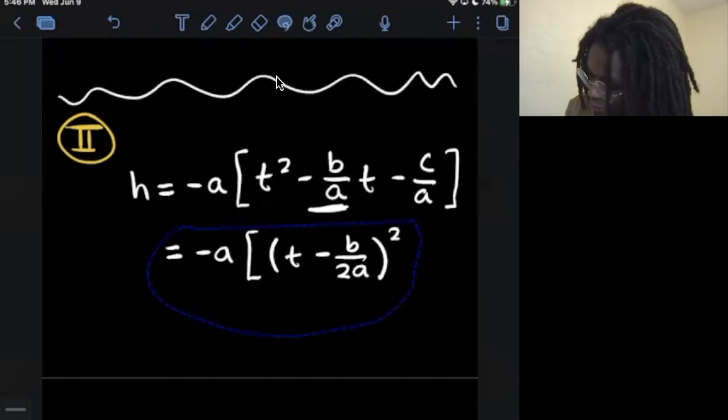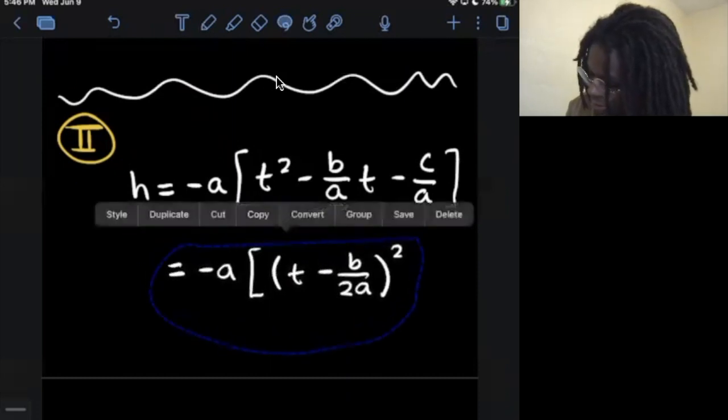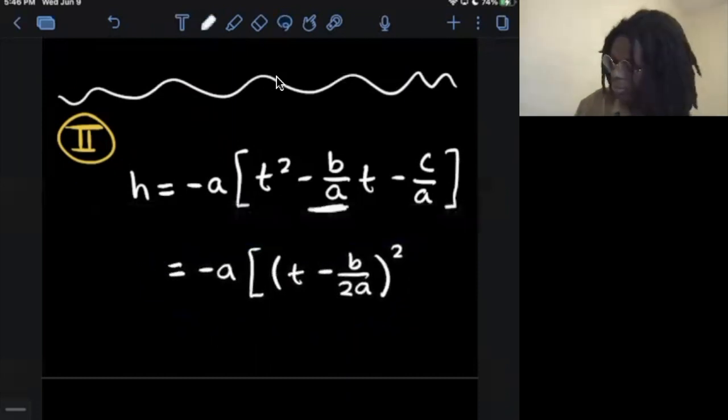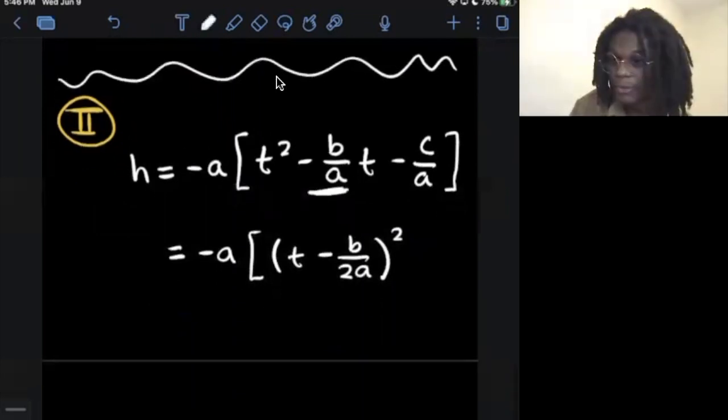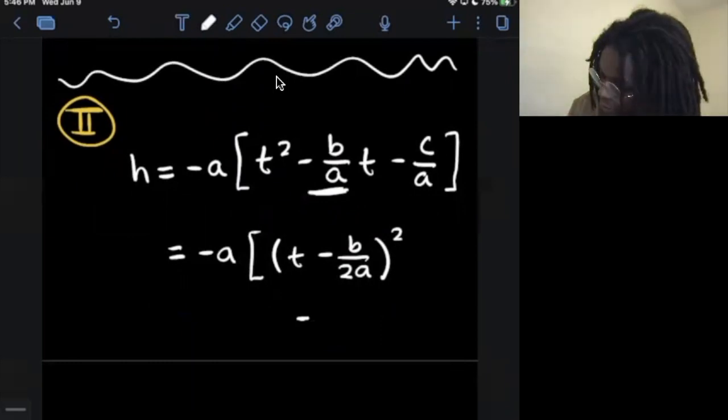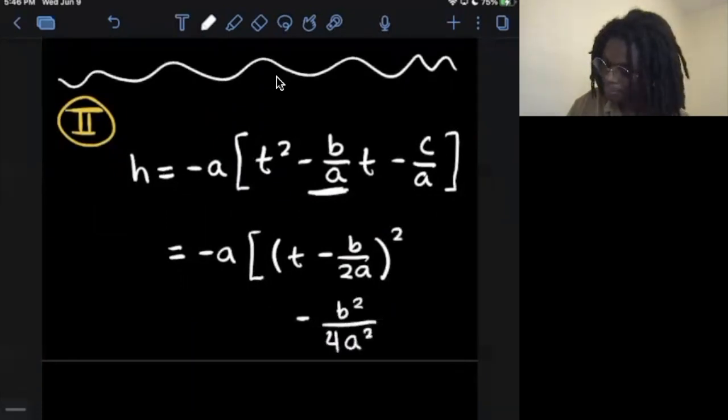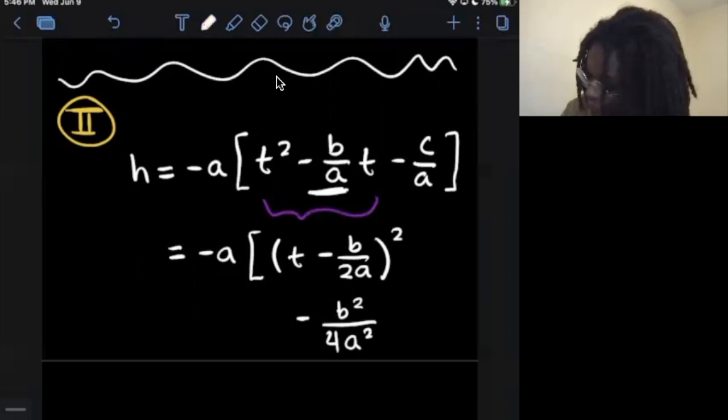Once we do that, we also have to subtract the square of that term we just added. So the square of that term is going to be b squared over 4a squared. That takes care of this term here. And at the end, we're just going to stick c minus a again.